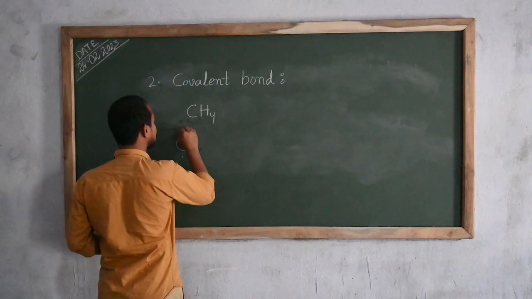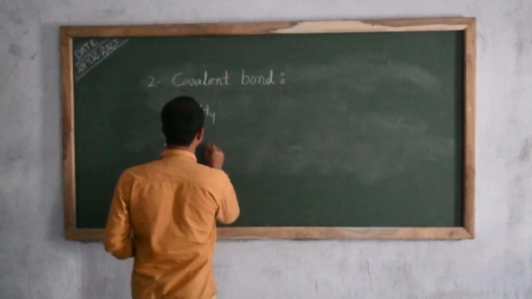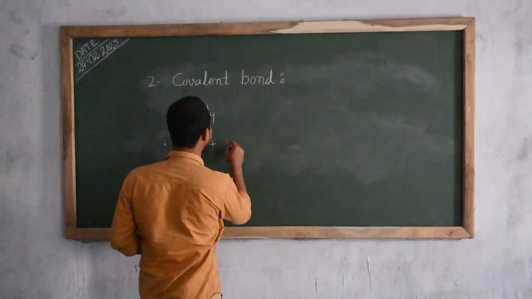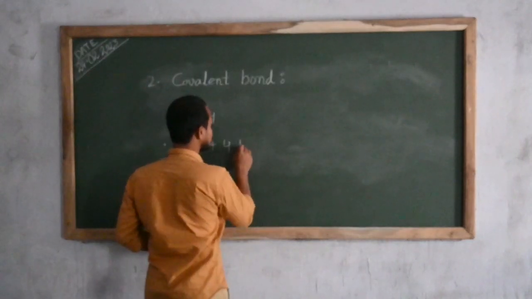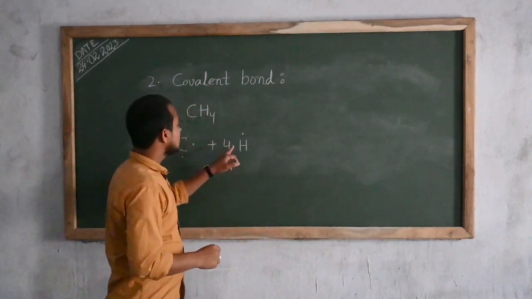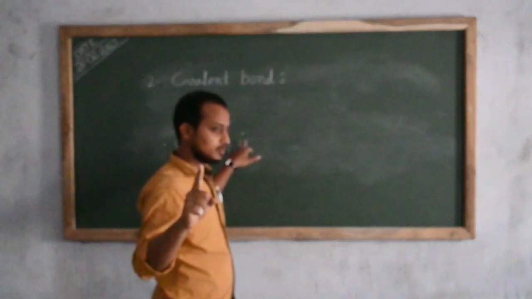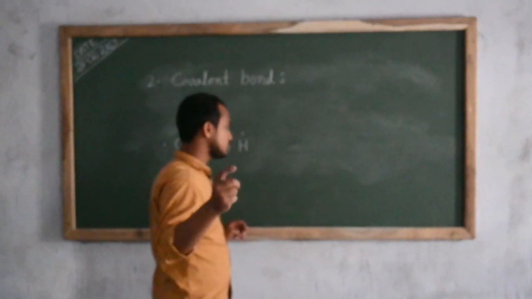Write the 4 electrons of carbon like this, plus 4 H. H has only one electron because its atomic number is 1.